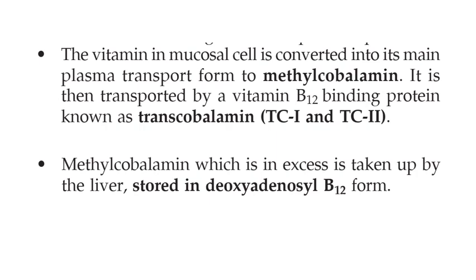Methylcobalamin is the transport form, transported along with transcobalamin, and the excess is taken up by the liver cells, where it is stored as deoxyadenosyl B12. So remember, the storage form of vitamin B12 is the deoxyadenosyl B12 form.